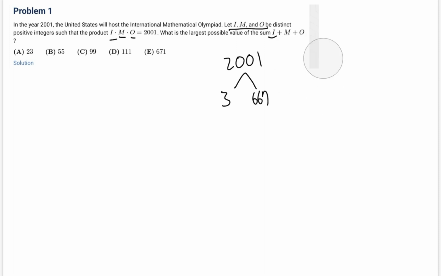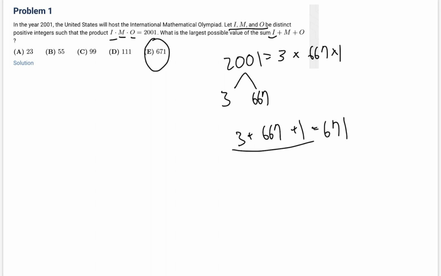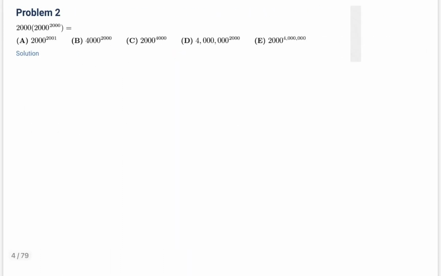So we would get 3 plus 667 plus 1, since 2001 equals 3 times 667 times 1. So when we get 3 plus 667 plus 1, this is 671. Therefore, it's number 8.